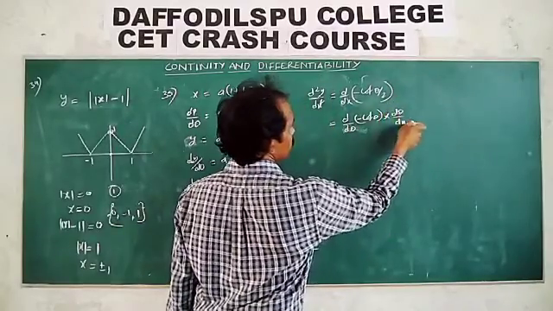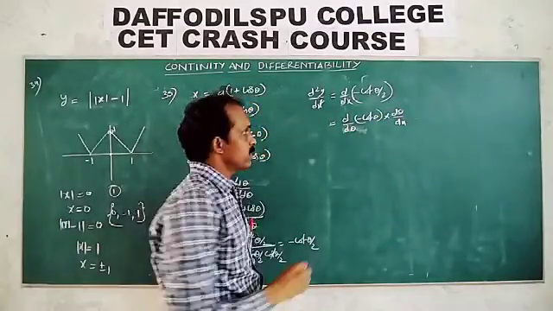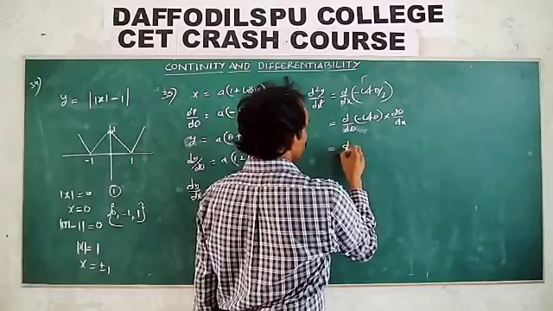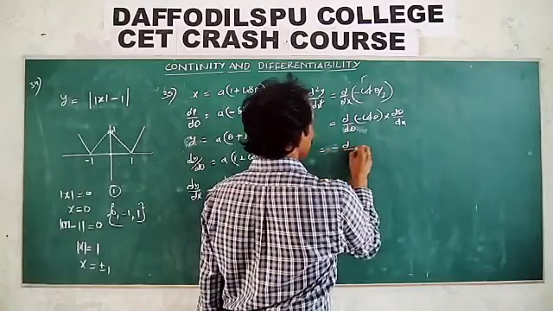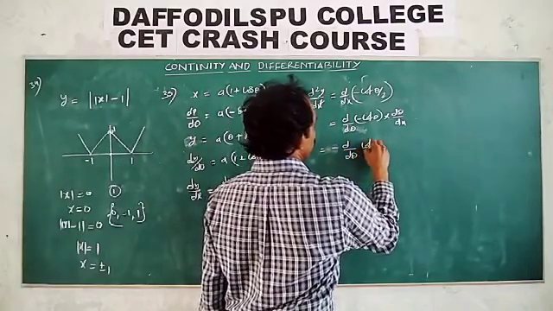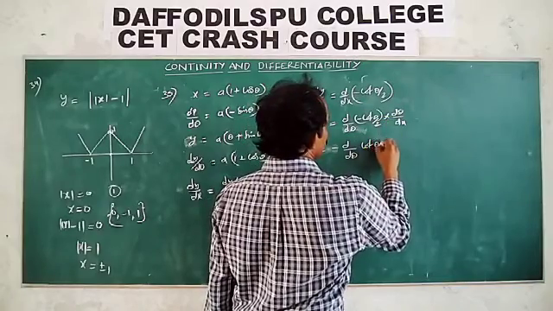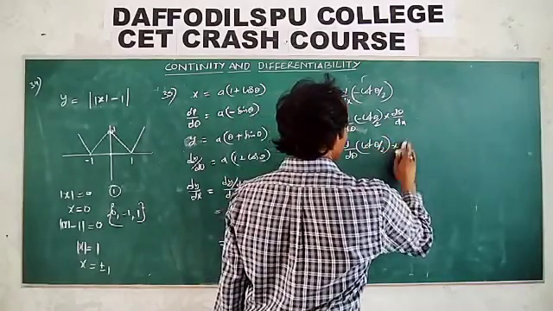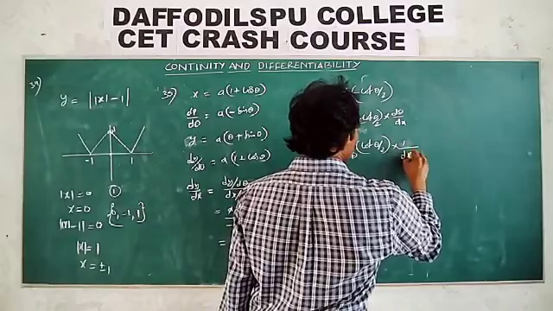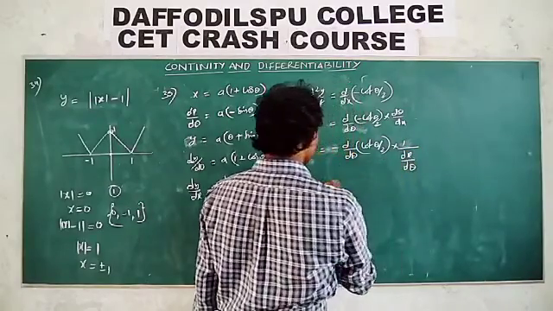So we multiply and divide; d theta by dx is 1 by dx by d theta. The minus is outside, no problem.